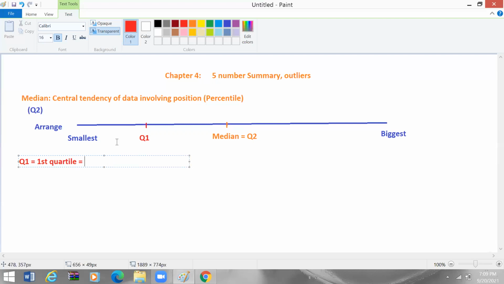It's going to split the 25 percentile from the smallest up to Q2, so that would be the median between the smallest number and Q2. So we just have a certain concept like that, and then we apply it to a certain example, and we should be able to deal with them. Let me just change the marker real quick.